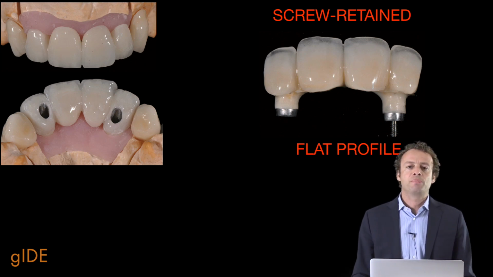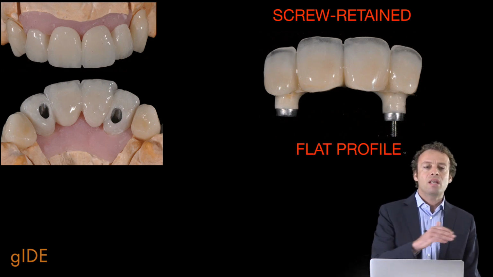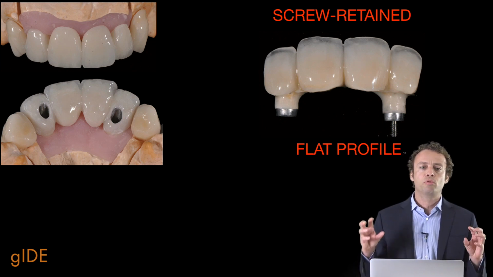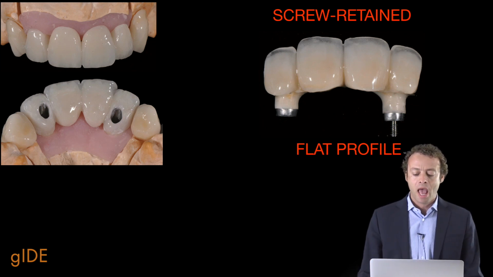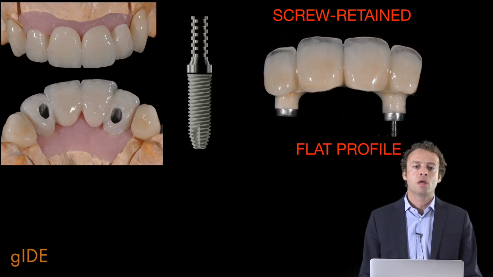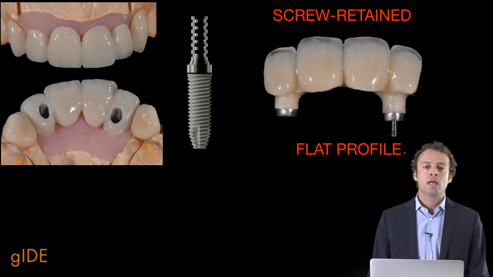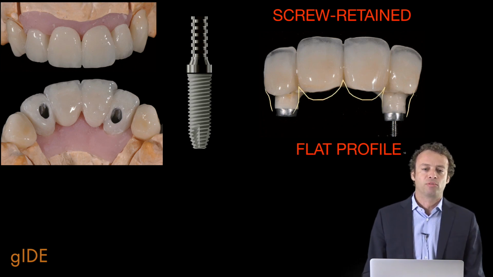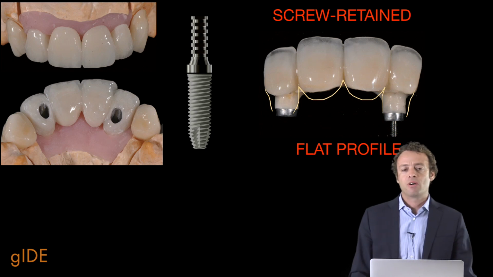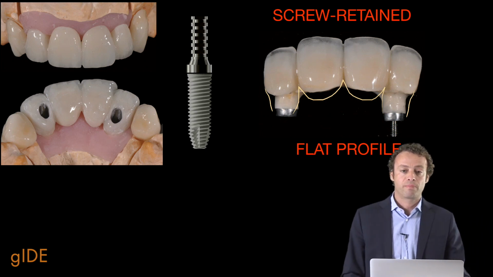We can see from these pictures how the temporary restoration in the beginning has a really flat profile, in order not to compress, not to push too much on the soft tissues. And step by step, working with the screw-retained temporary restoration, we are able to change the subgingival profile, creating a more scalloped profile, recreating the morphology that we need around our restorations, and in particular also in the pontic areas.